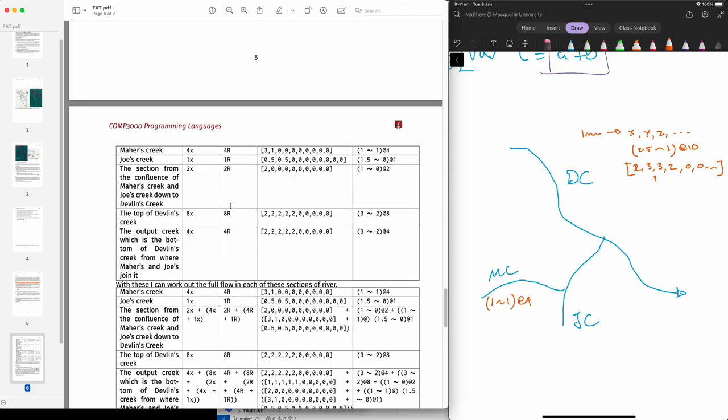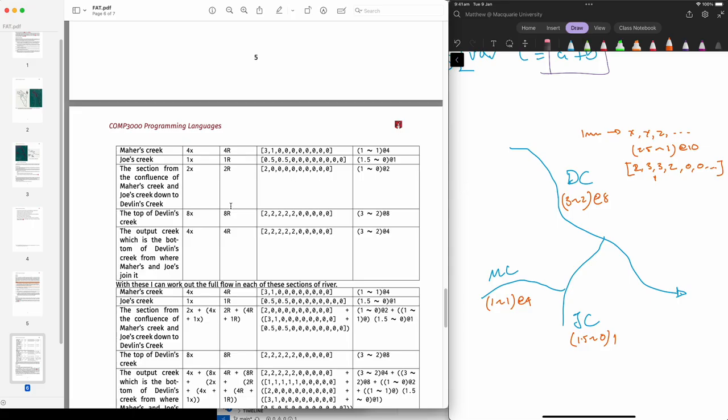I decided Joe's Creek was going to be 1.5 tilde 0. The water all comes in over just 2 days, and it's only 1 litre per second. I decided the top of Devlin's Creek was going to be 3 tilde 2 at 8, so 8 litres per second eventually, but it takes 3 days until the water really winds up.